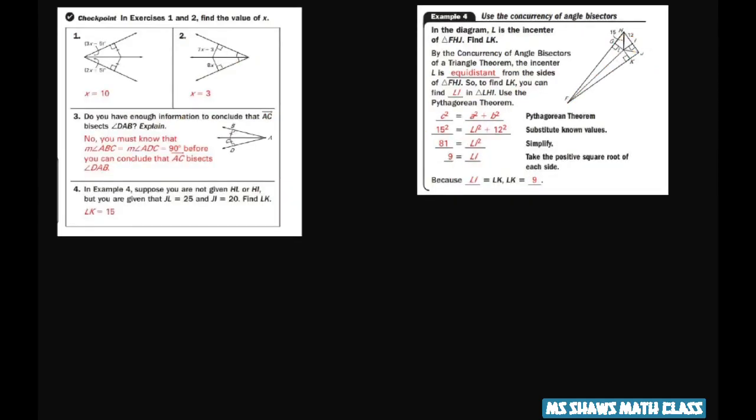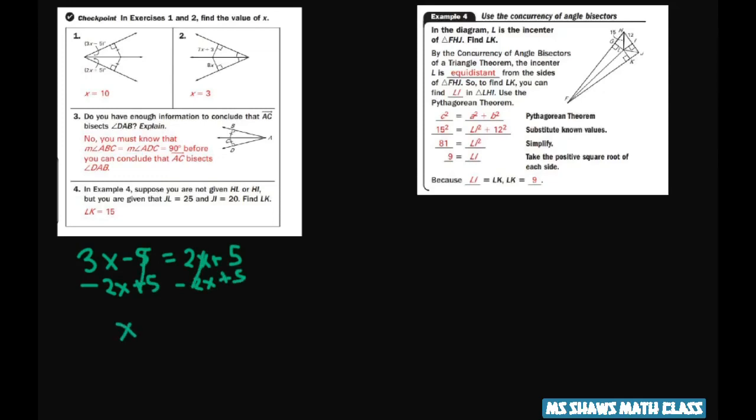All right, and then we have a little checkpoint. We got to solve for x here. So we're just setting these equal to each other. So we have 3x minus 5 equals 2x plus 5. So subtract 2x from both sides. Add 5 to both sides.